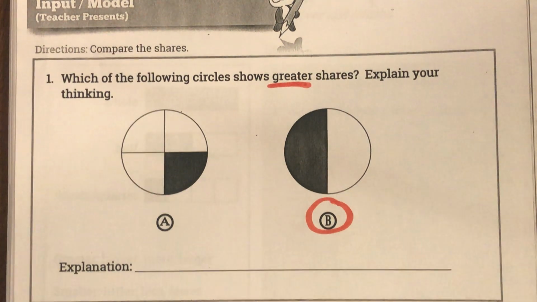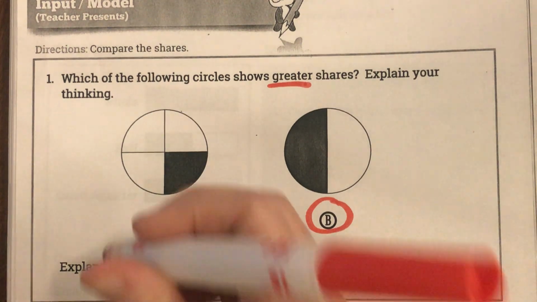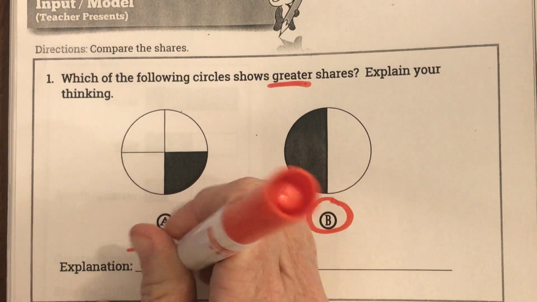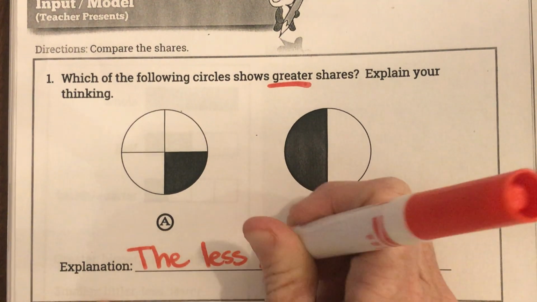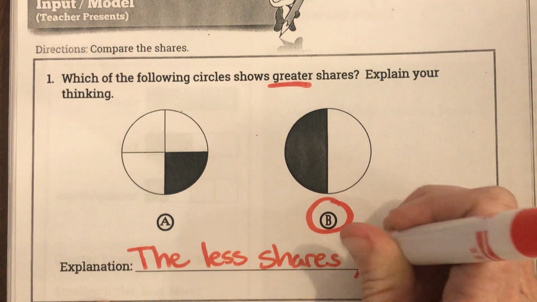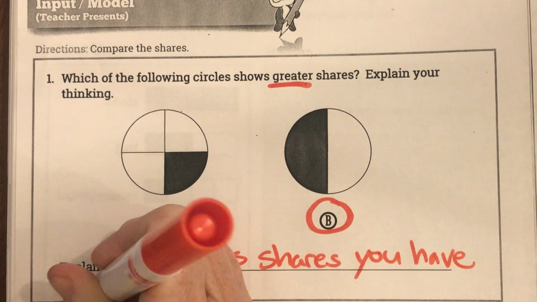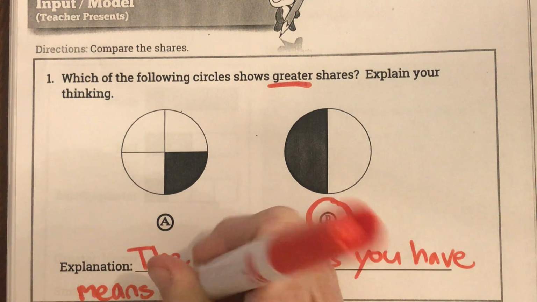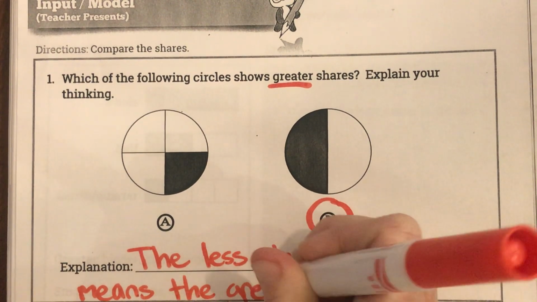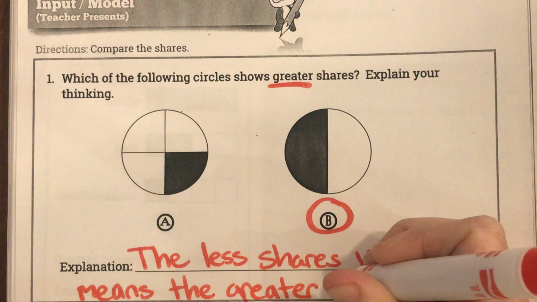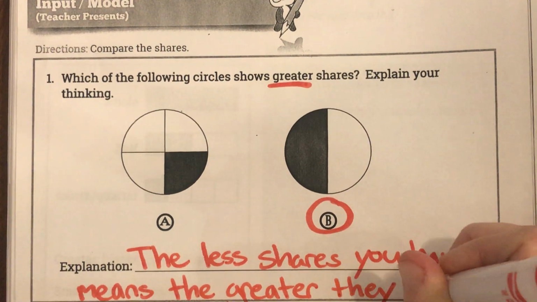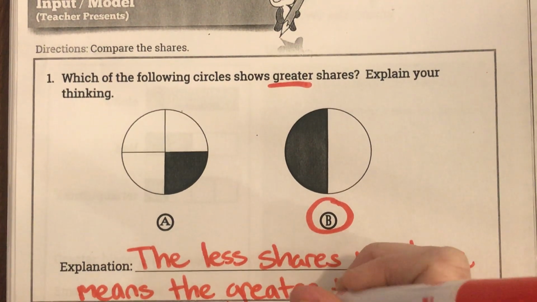Now the reason is, and this gets a little bit tricky, if you think about cutting up something to share it with people, the less shares you have means the greater they are in size.